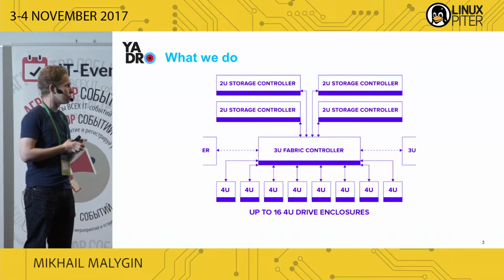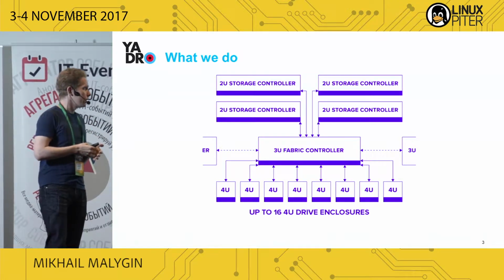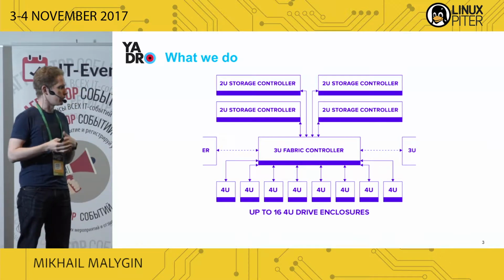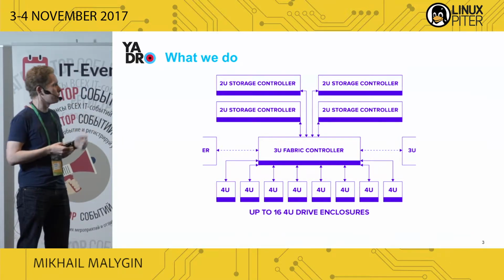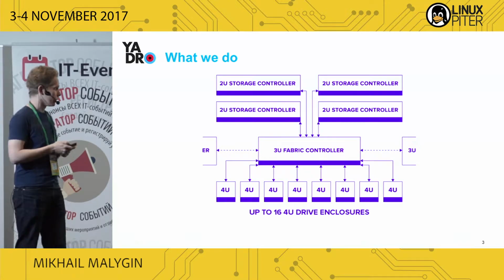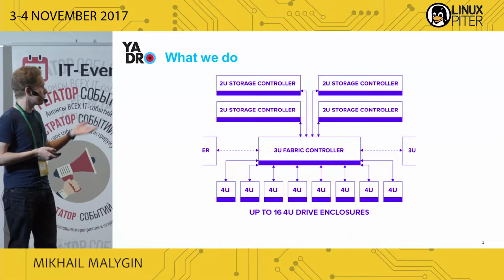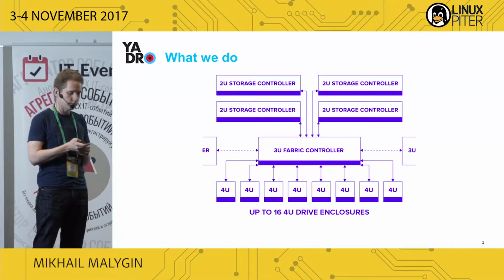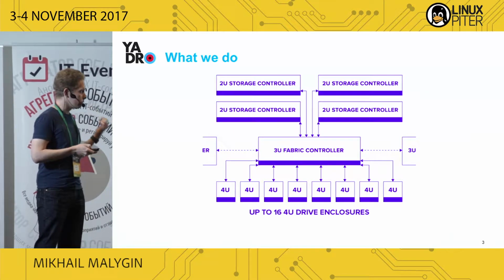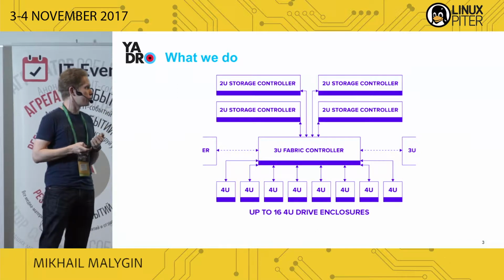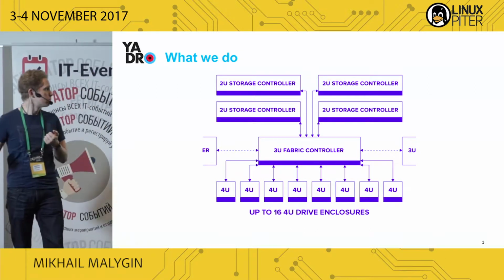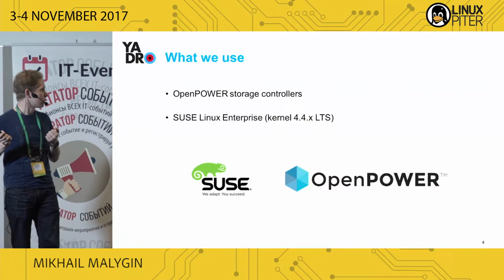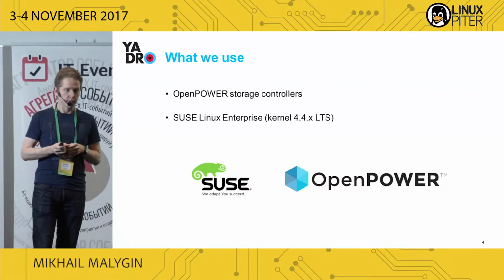So we have computing controllers, which are called storage controllers. We have fabric controllers with the periphery, and all this is connected to PCIe. The problem for us was to connect all these storage controllers so that they can communicate quickly with each other.